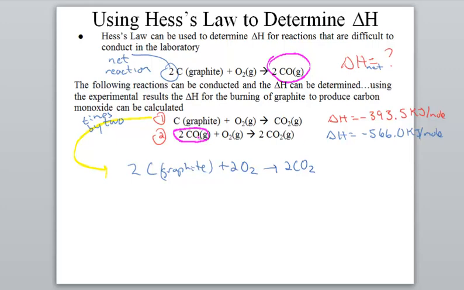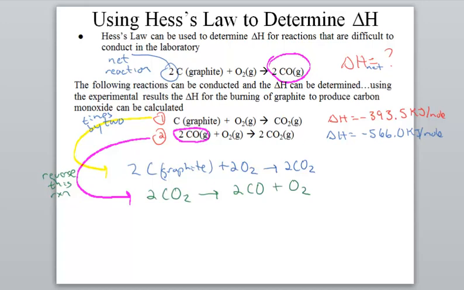There's 2 on each side, but if it's a product in your final answer, it needs to be a product in your equation number 2. Meaning reaction number 2 needs to be reversed. So the reactants would be carbon dioxide: 2 carbon dioxides form 2 carbon monoxide and 1 oxygen molecule.